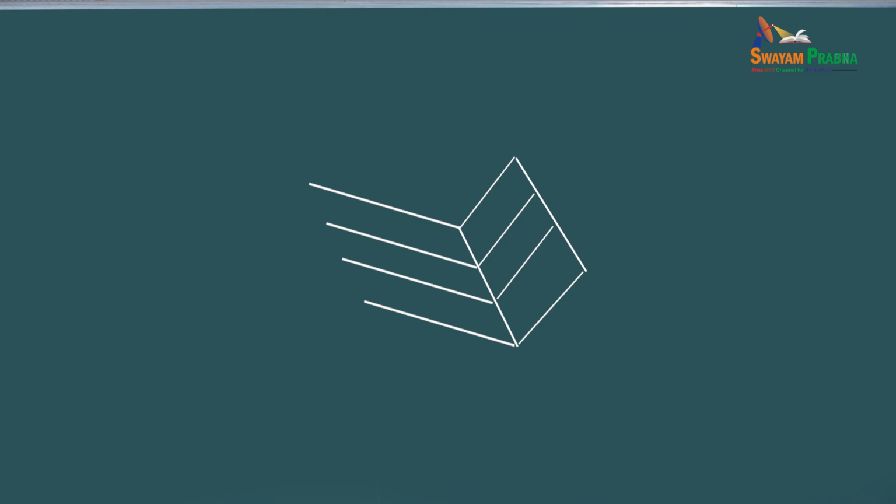Now, so this case here is the case that we have just looked at. So AB will give me A delta and delta B on this side. What is going to happen here?